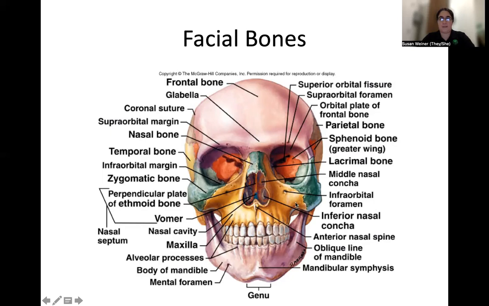So we've got all of these different bone structures that are making up this area. Here we've got the maxilla, the upper jaw, and then the mandible, the lower jaw, which is, of course, the one bone in the skull that actually moves.